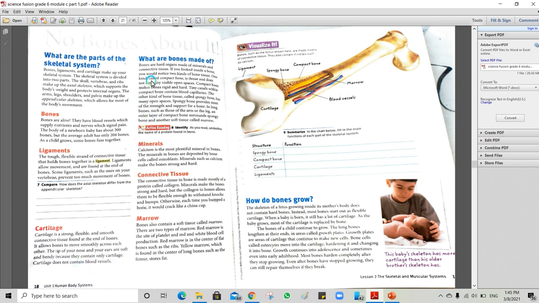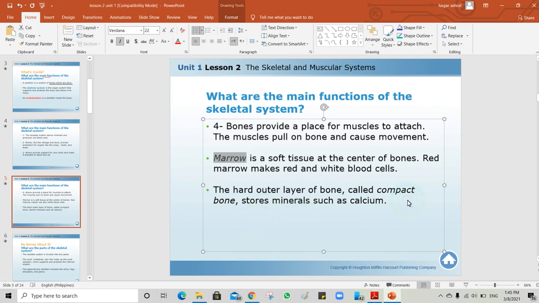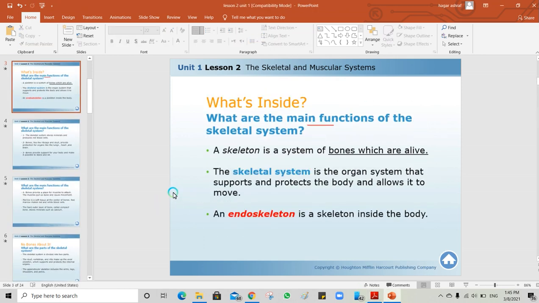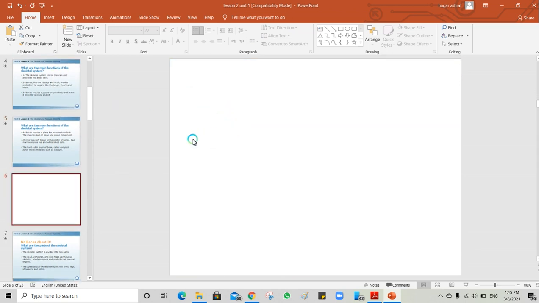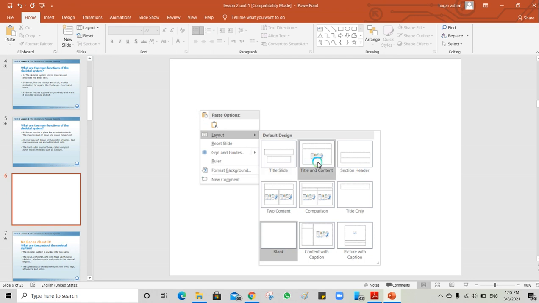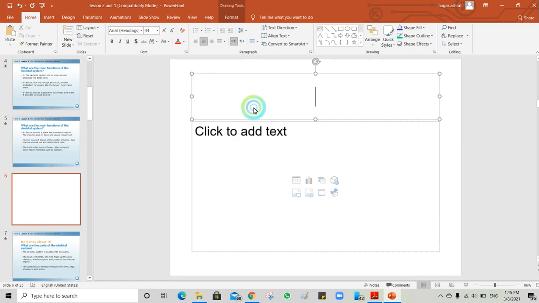What is next, teacher? Now I have to tell you what bones are made up of. So, an important thing: what is bone made up of?